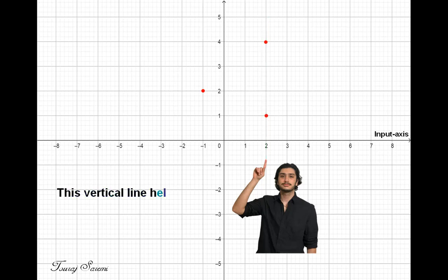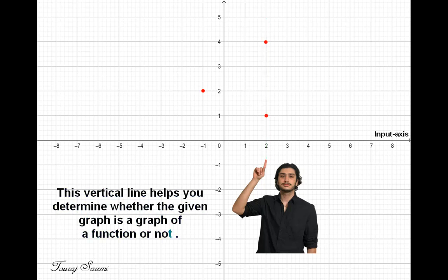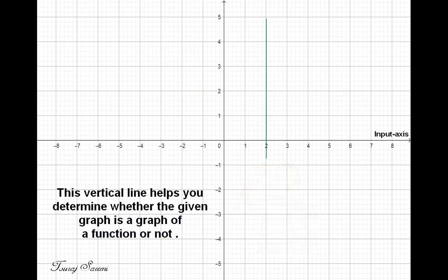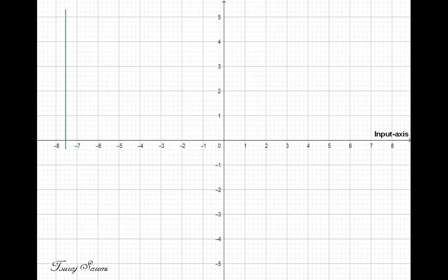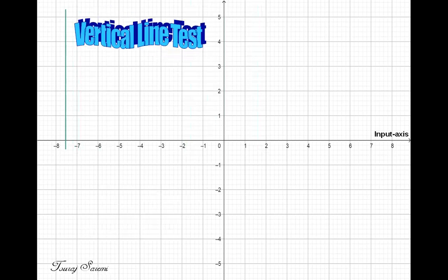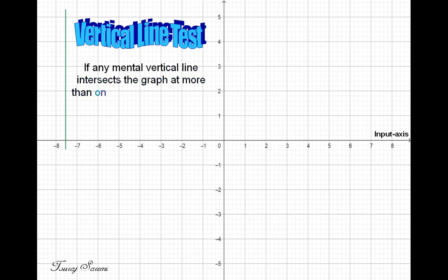This vertical line helps you determine whether the given graph is a graph of a function or not. Vertical line test. If any mental vertical line intersects the graph at more than one point, then the graph does not represent a function.